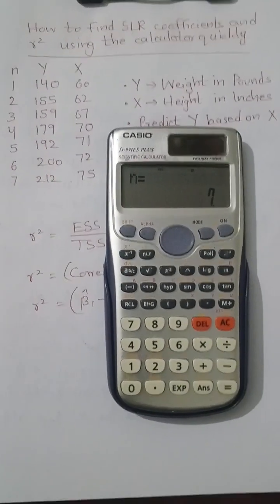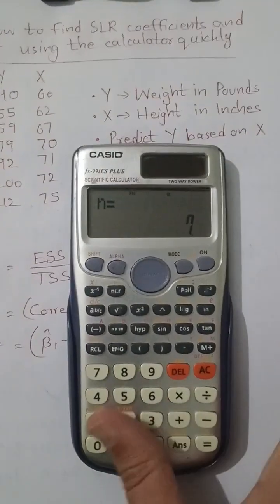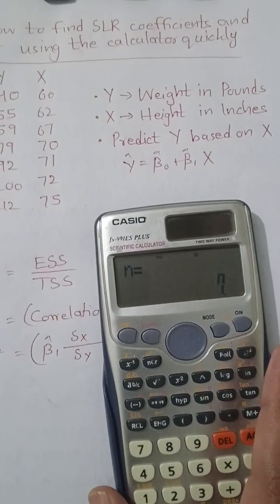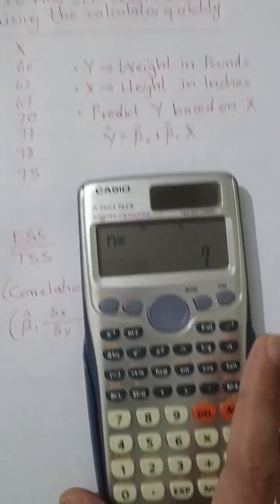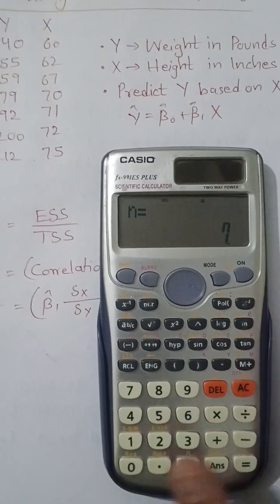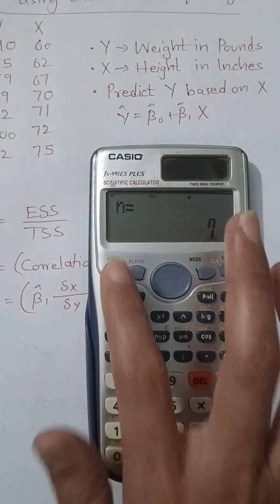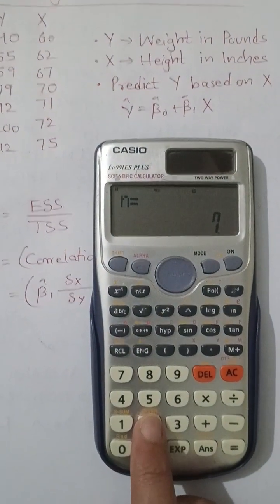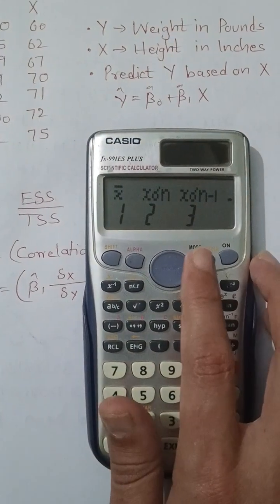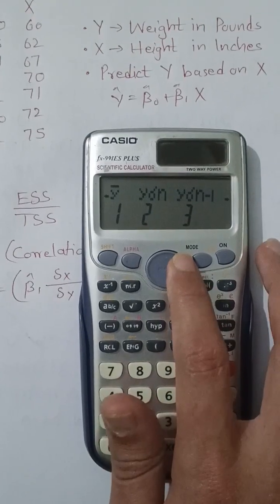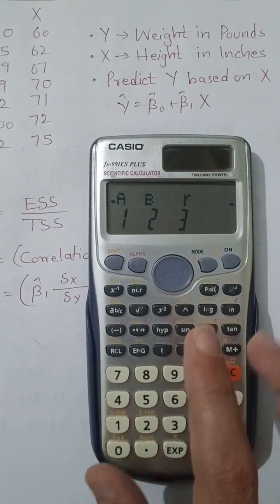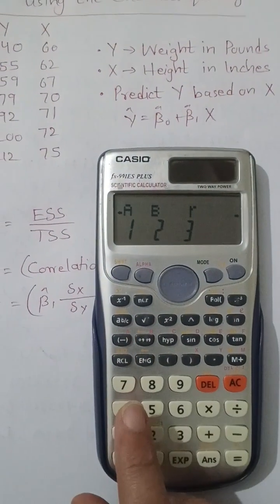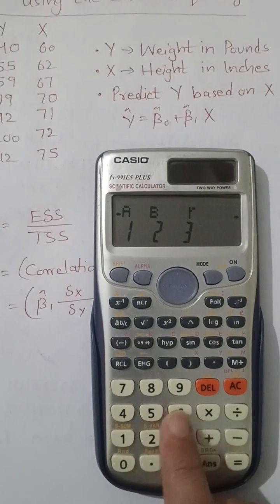The next step is to calculate the coefficients. We need beta naught hat and beta 1 hat. For this purpose, we need to go to shift, press 2, then go to next, and we will find these three terms a, b and r.